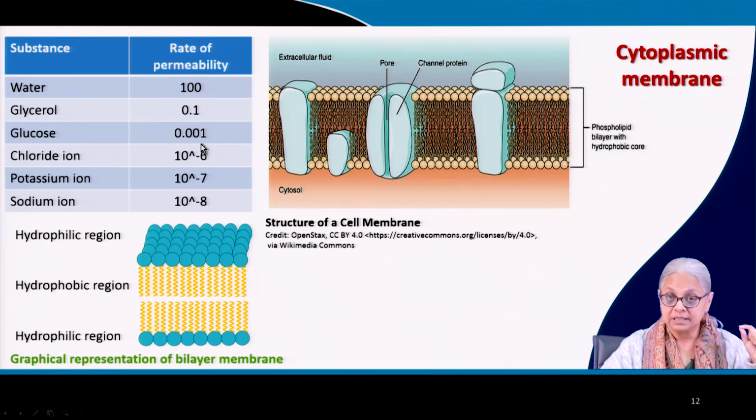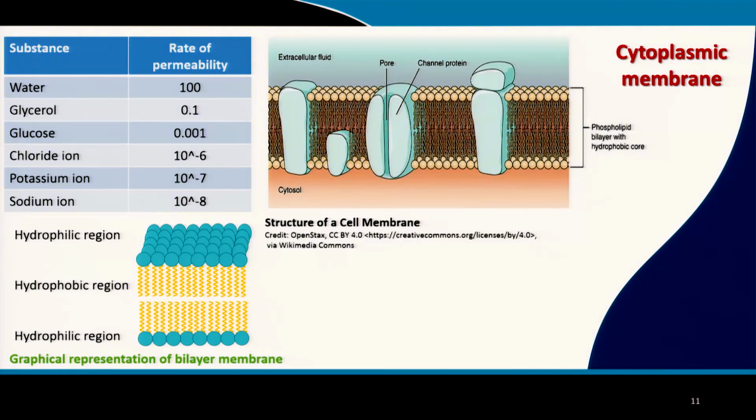Glucose is even less than that, so that is 10 to the power minus 5 times. For chloride, it's 10 to the power minus 8, because here we have 10 to the power minus 6. We divide it further by 100, and that gives us an idea that chloride ion is 10 to the power minus 8 times less permeable than water.